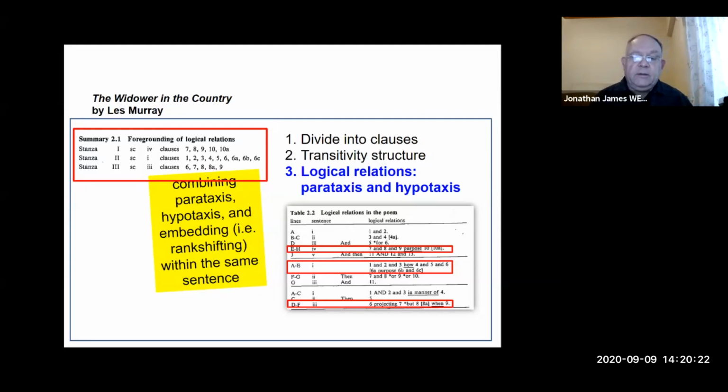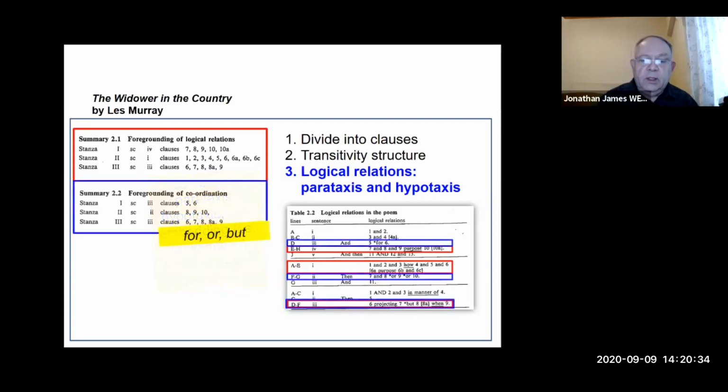Where does that occur? I've highlighted here where this occurs. Where do we notice that all 3 occur? We can see where it occurs in the poem.